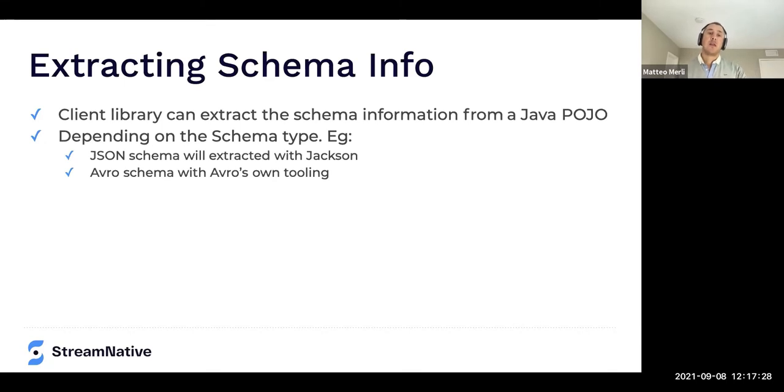The other one is Avro. We use the Avro tooling internally, so you can tag your Avro classes with the Avro annotations to control which fields get exposed, the naming, and everything that you would do with Avro generally. So you can use the Avro own tools and annotations here.